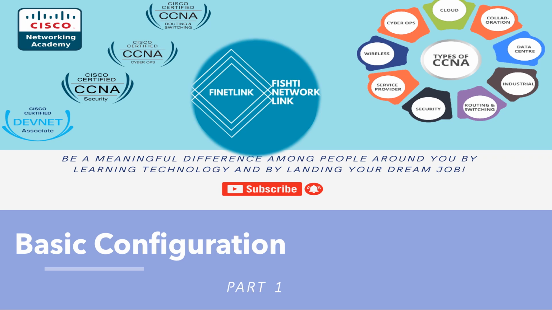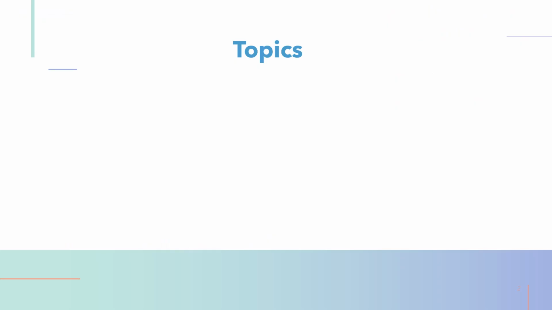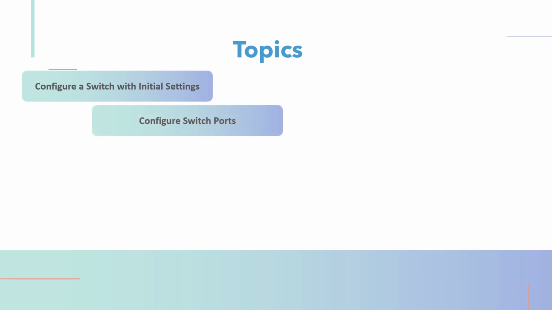And this module, which will be in two parts, we will configure devices using security best practices. The topics we will see here are how to configure initial settings on a Cisco switch, how to configure switch ports to meet network requirements, and how to configure basic settings and secure management access on a switch.